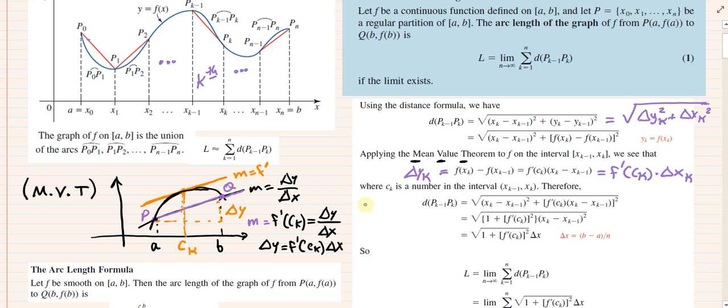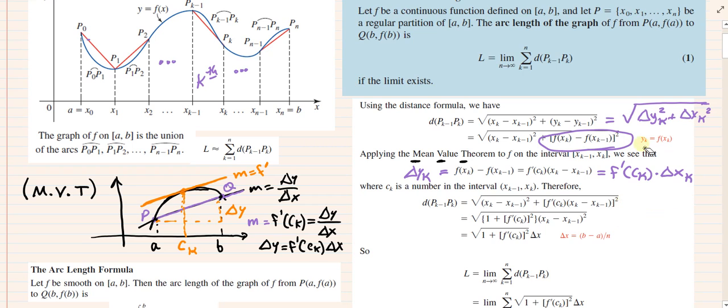Now remember, c sub k is inside of that sub-interval, the kth sub-interval, right? That's where c sub k is in this case. And then you go through a couple of steps of algebraic manipulation. They're simple manipulations. So once we actually replace, notice we replace delta y with f prime delta x.